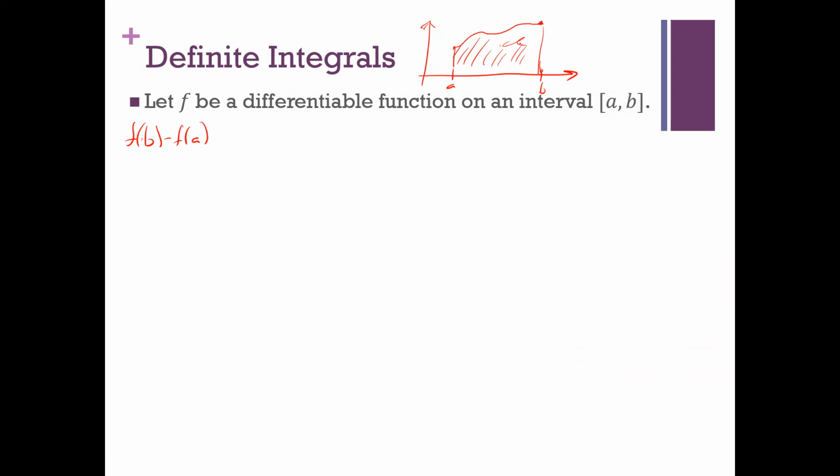So let's build that up slowly. One thing I'll say, just to represent A and B in a different way, is I'm going to call A x sub 0 and B x sub n. Here's what I want to do. I want to take that area, and kind of like we've already been doing, I want to break it up into smaller areas.